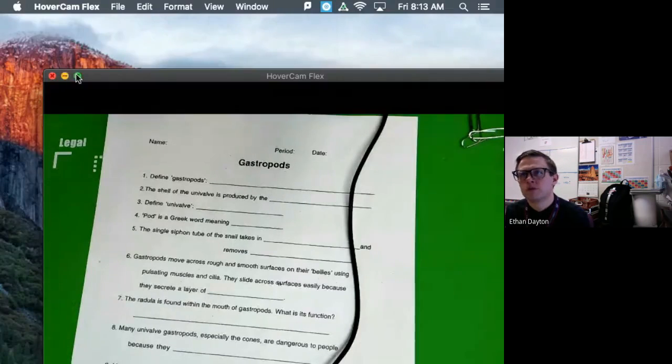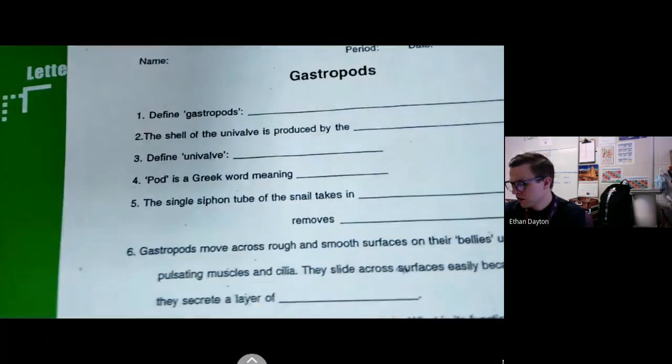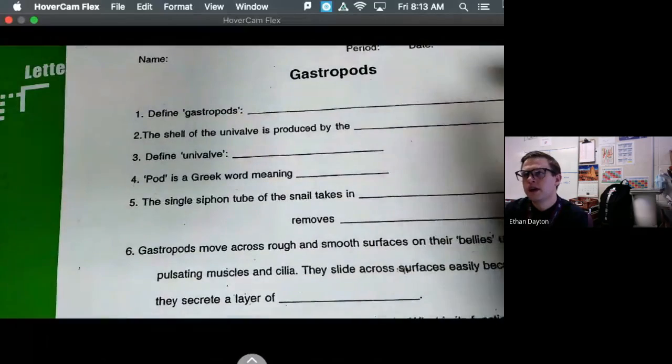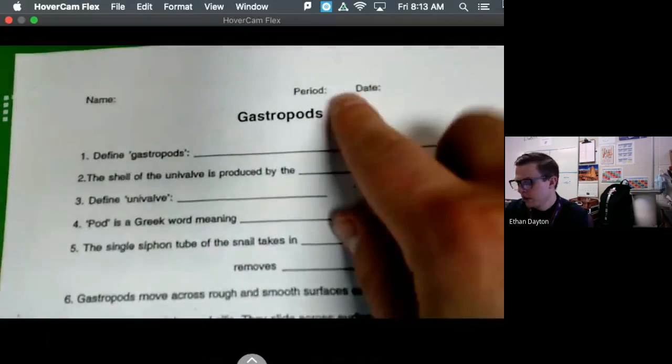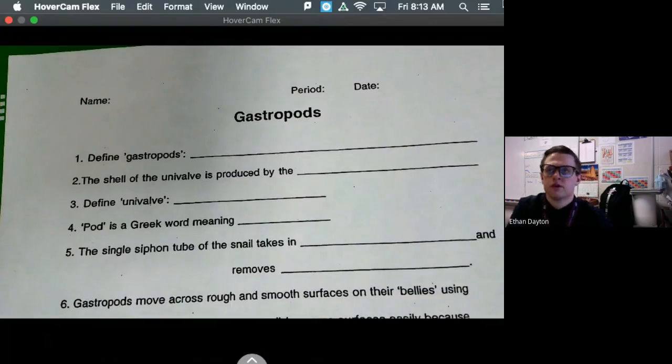Otherwise, I'm going to assume that we can all open it. In Cami, make sure that your name goes on it, the date, and your period. Live remote, you could put LR. This is first hour too.